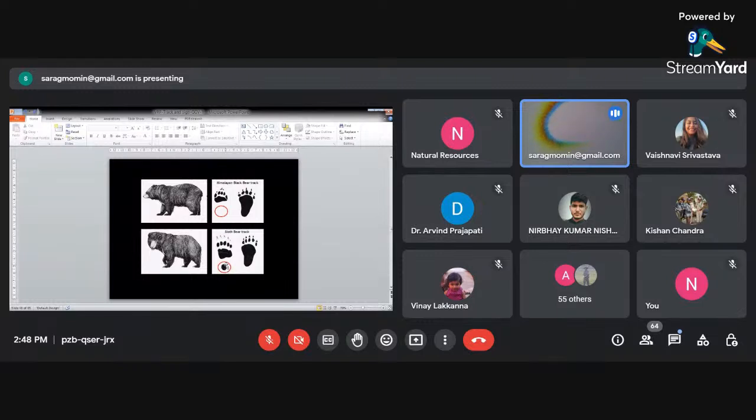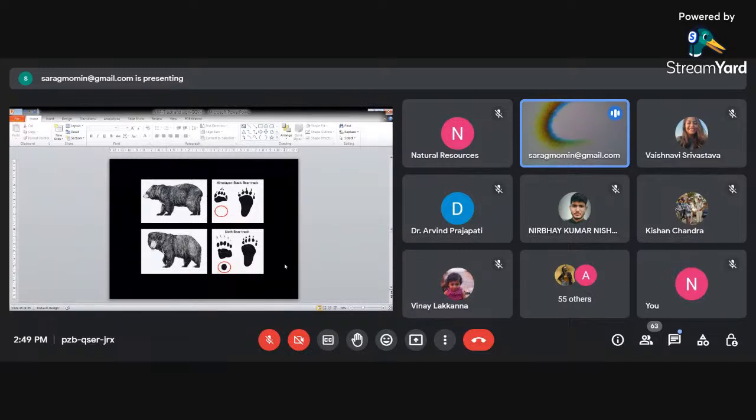If there is a paw mark, then this track mark belongs to the sloth bear. If there is no paw mark, then this track mark belongs to the Himalayan black bear. So presence and absence actually confirms the species of the bear.